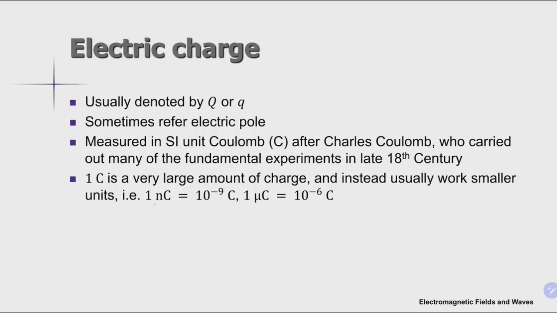That is the range of charge that we normally encounter. An isolated electron has roughly 1.6 times 10 to the -19 coulombs. So one electron's charge magnitude is very small, 10 to the -19 coulombs.